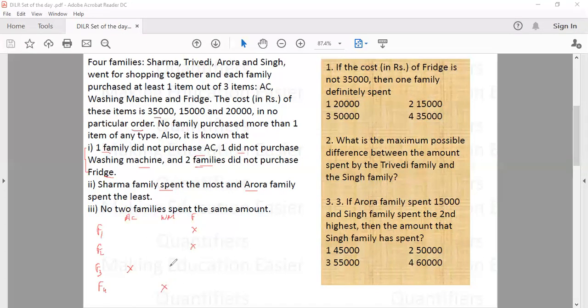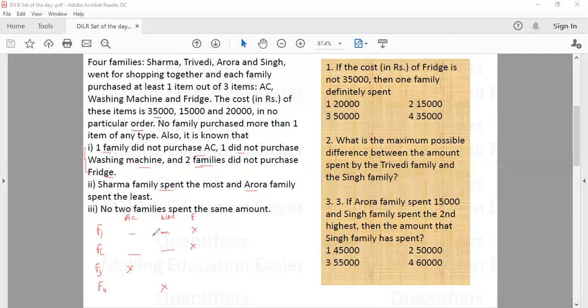Now, if this is the case where the 2 families who did not purchase fridge are different from the ones which did not purchase AC or washing machine, and all the 4 families are distinct, then you can see that family F1 must have purchased AC and washing machine, and F2 must have purchased AC and washing machine.